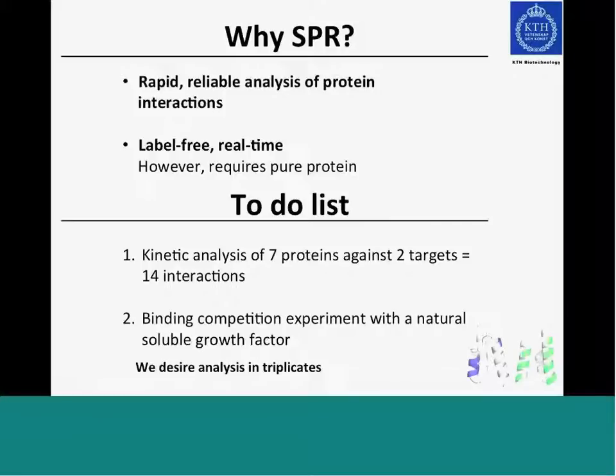And so that's why we're taking advantage of the high throughput capabilities of the Proteon and the ability to make parallel interactions. And also we want to do competition experiments to see if we can compete with the natural growth factors. That would be interesting to find out for functional purposes. See if we can use these later on down the line.